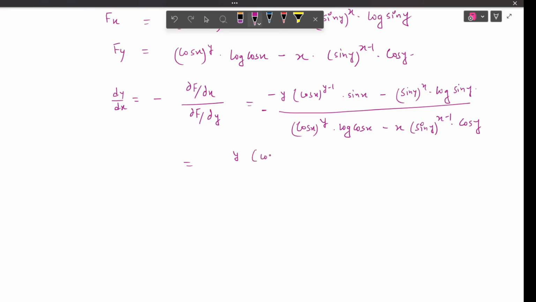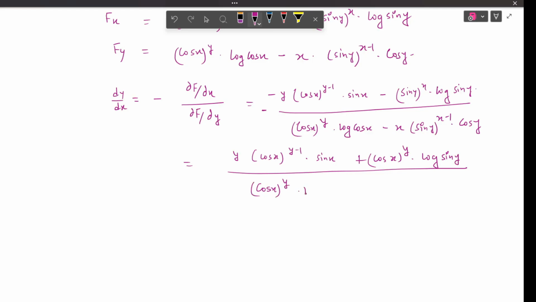So y into cos of x to the power y minus 1 into sin of x plus cos of x to the power y into log of sin of y, by cos of x to the power y into log of cos x minus x into cos of x to the power y upon sin of y into cos of y.